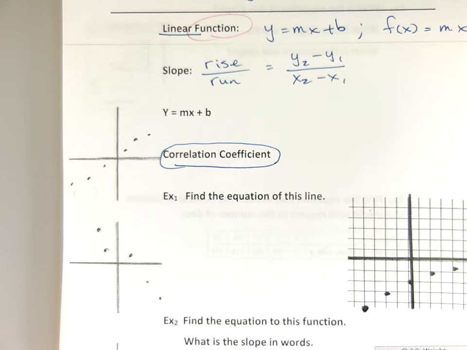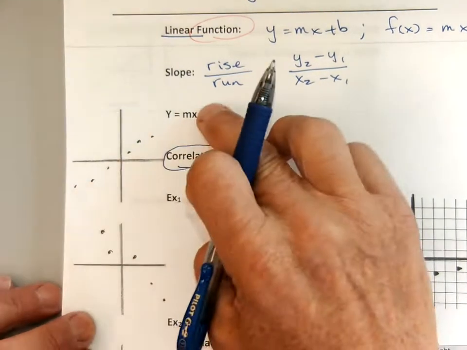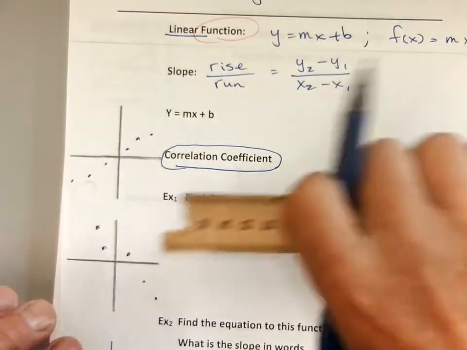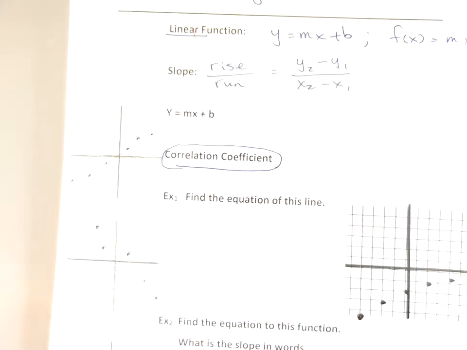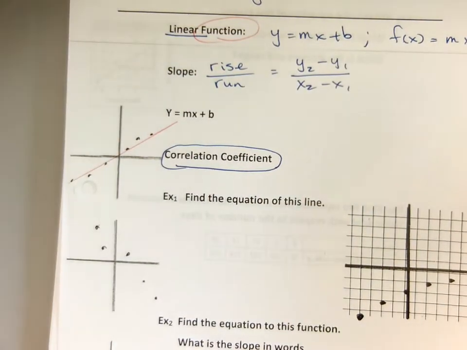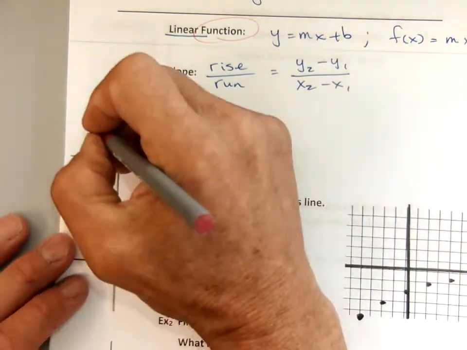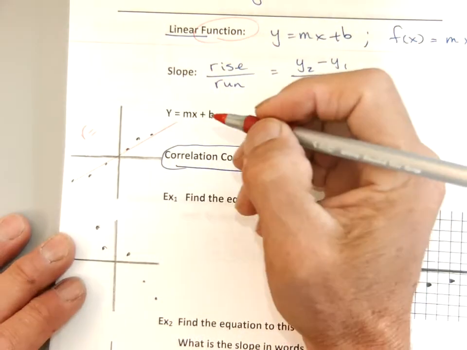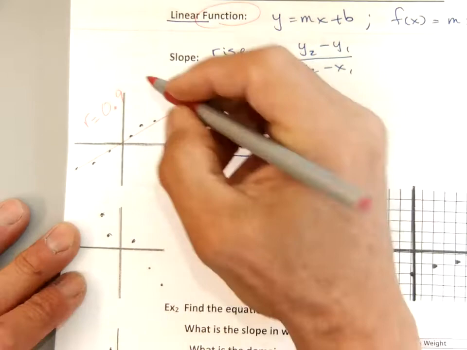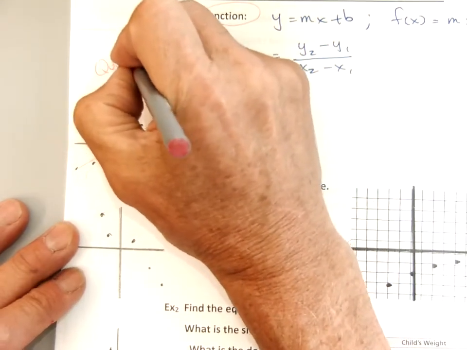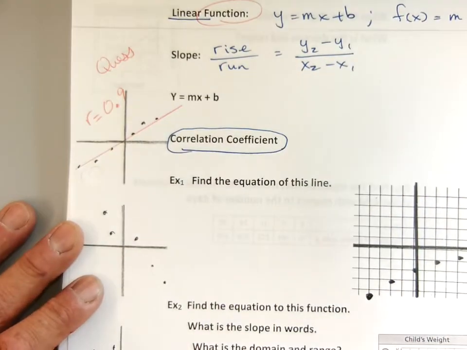Now, this one's close to a 1, but not quite. If I tried to fit a line in here, it's a little off. So I'll guess R might be about 0.9. You guys okay with 0.9? It's just a guess. I'm going to use a calculator on Tuesday to get the exact number.